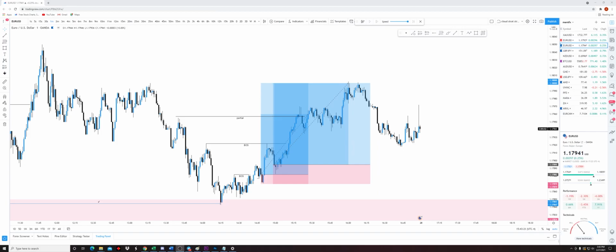Now, as we understand, these schematics or these specific areas occur absolutely everywhere, in any market, in any time frame, across multiple time frames.